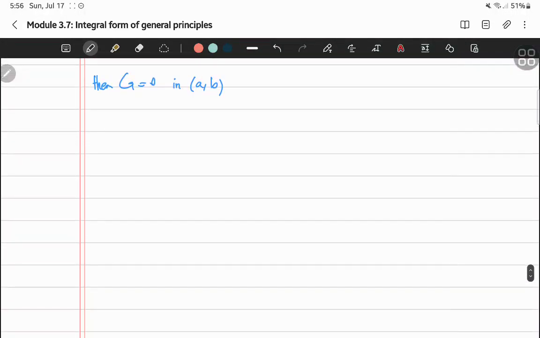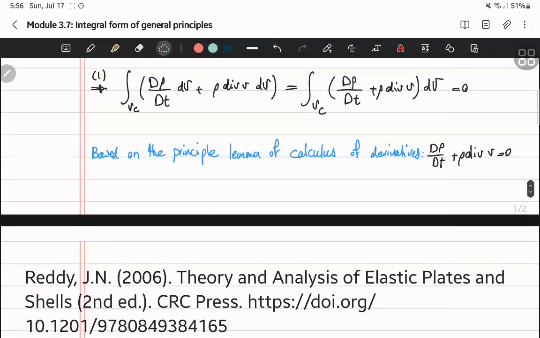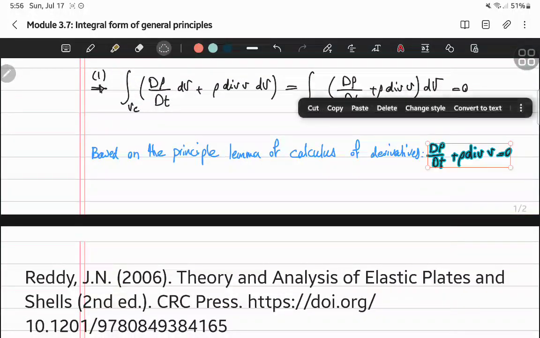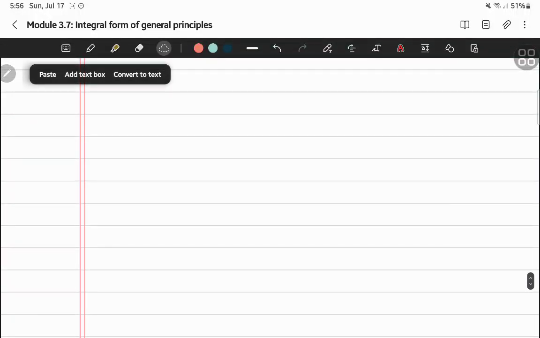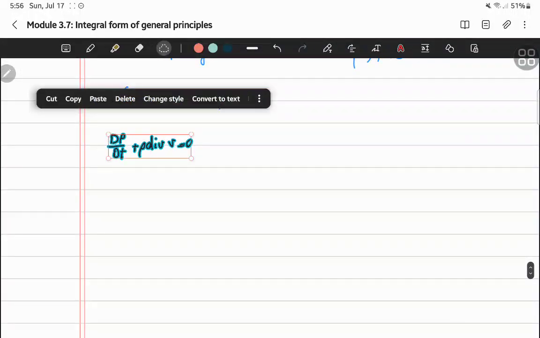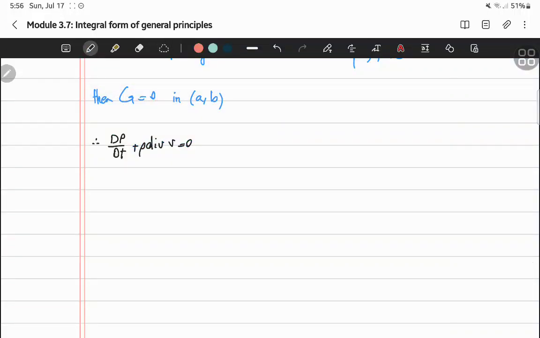Therefore, let me just copy, we have this expression in here. This is the differential form, and remember, this is the differential form in the deformed configuration.